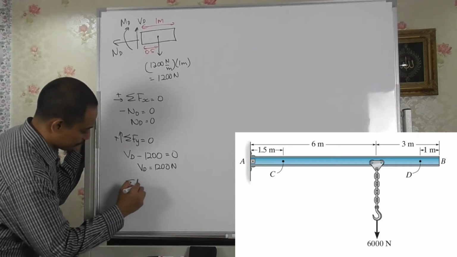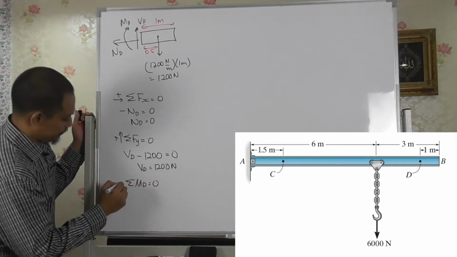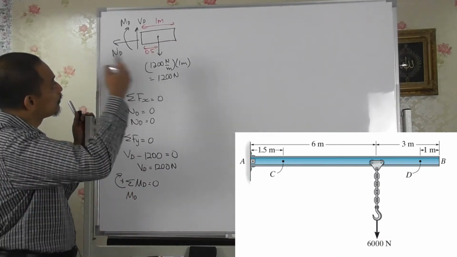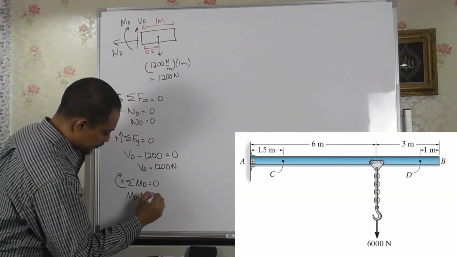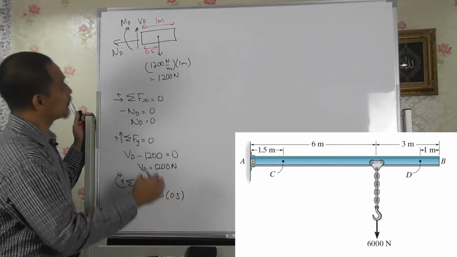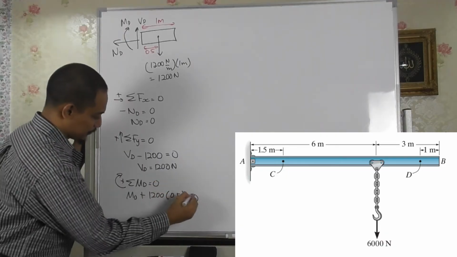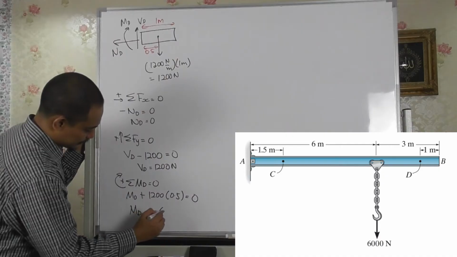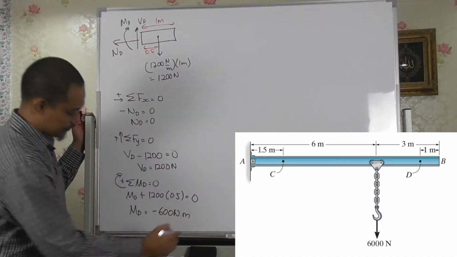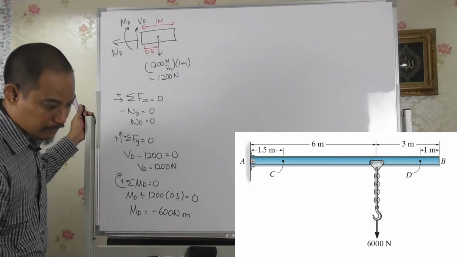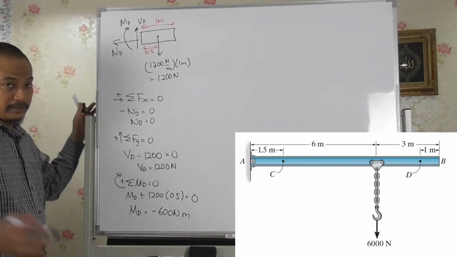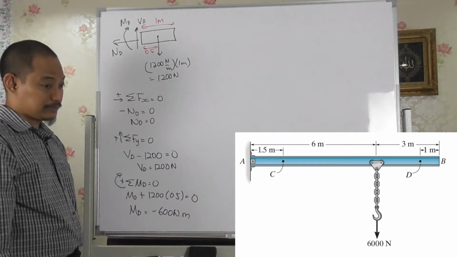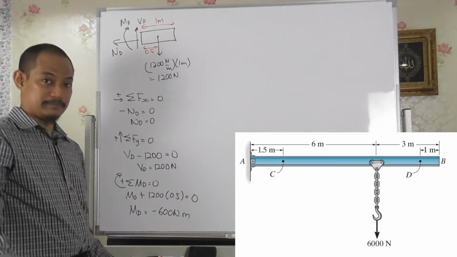And then summation of moment at D equal to 0. If you take clockwise as positive, MD plus 1200 times 0.5 equal to 0. So MD equal to minus 600 Newton meter, right? And there you go. That's the full answer there.